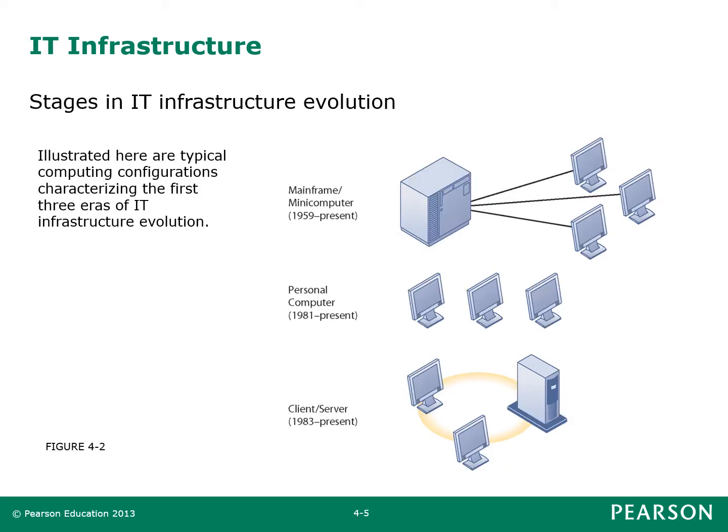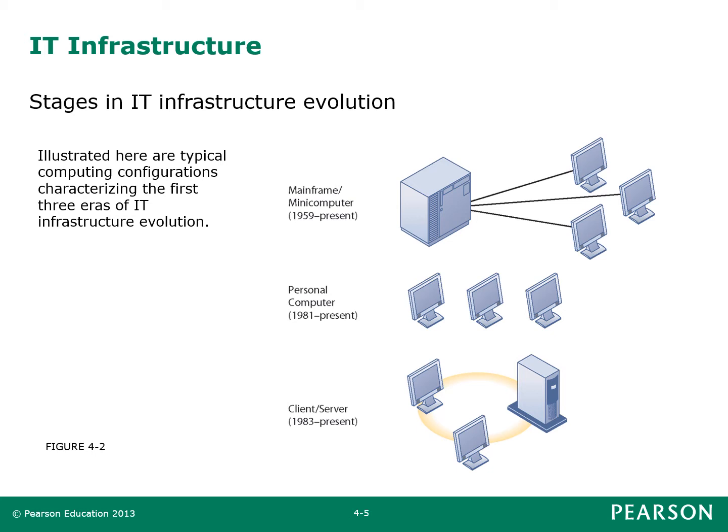So here we can see an example of the 3 eras. Mainframe: it is a big, powerful supercomputer connected to dumb terminals. The dumb terminals have no functionalities, just a graphical user interface to connect to the mainframe.